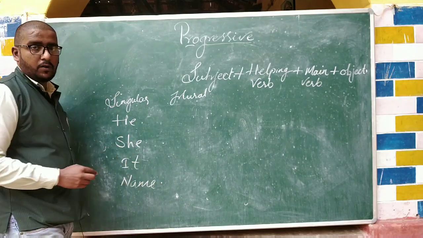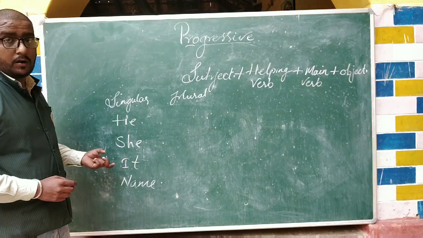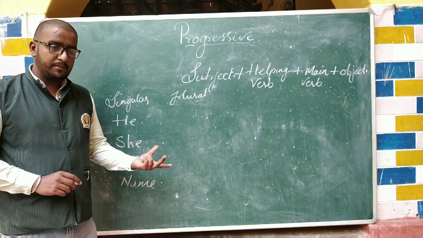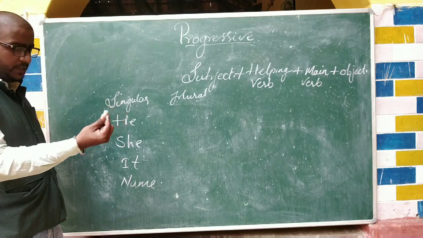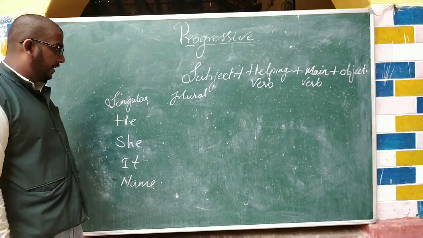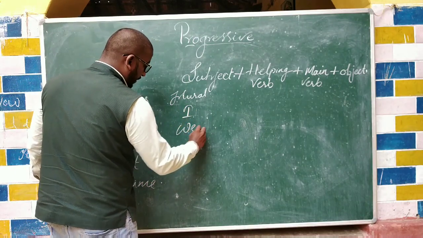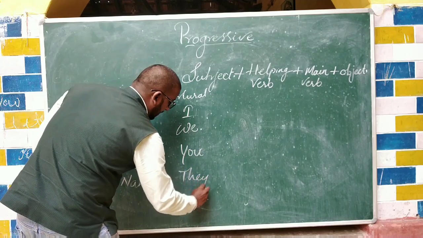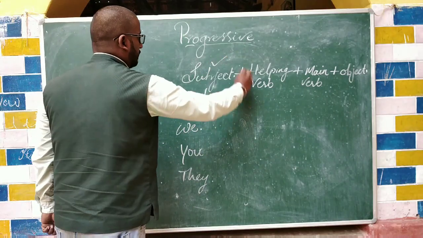So he is used for a boy, she is used for a girl, it is used for a neutral gender or an object, like for an animal or for certain thing, like it is a chalk, it's a piece of chalk, name for name of any individual. Now for plural, I, we, you, and they. So we have our 8 basic subjects. So this part is done.